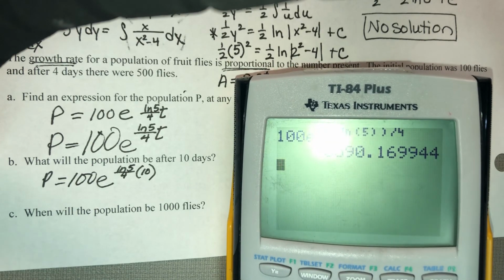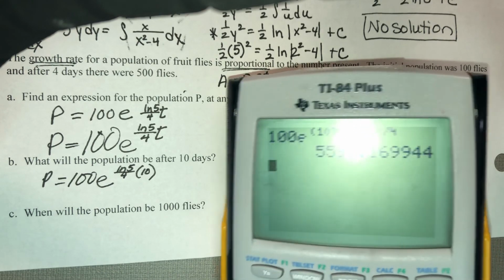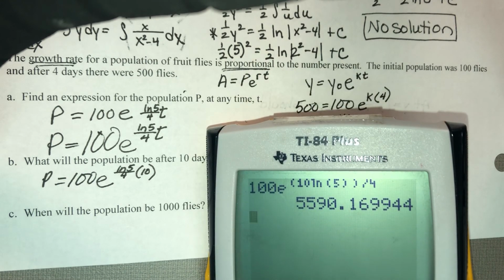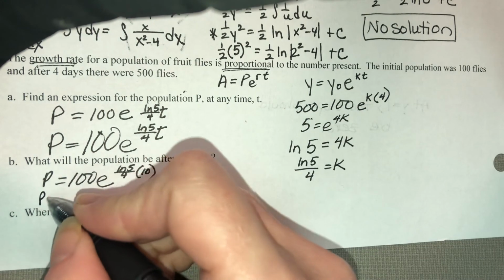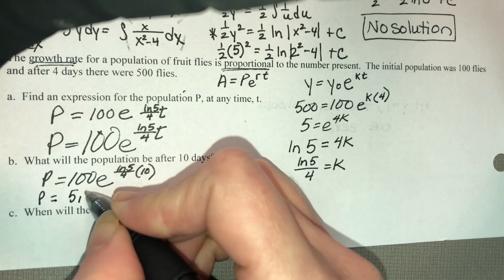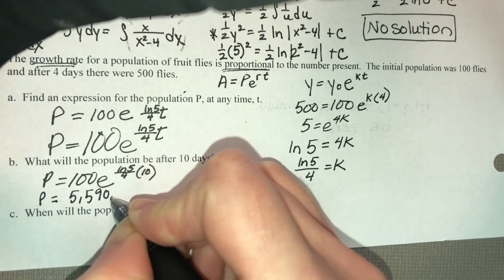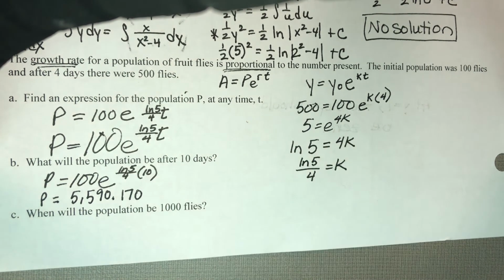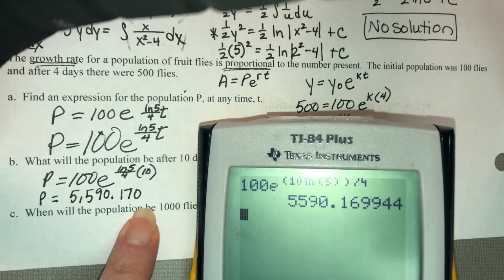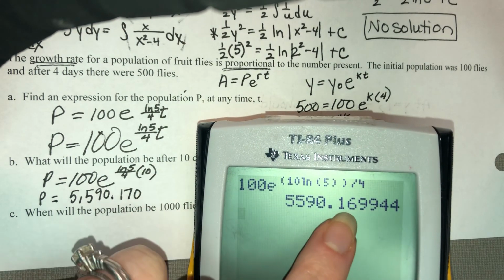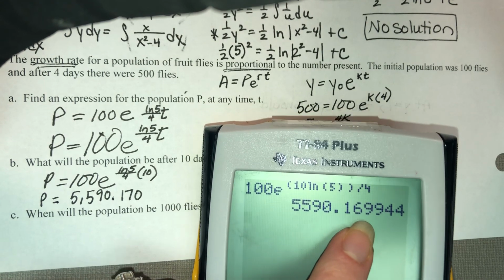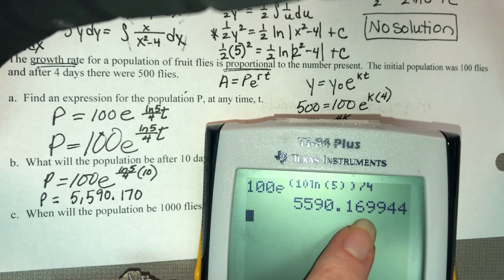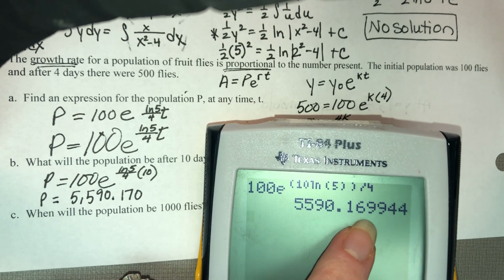So that looks like it'd be 5,590.170. You would round to 3 decimal places unless explicitly told to do otherwise. And you do have to have that 0 there. You can't just write 5,590.17, because when you round to 3 decimal places, you have to show numbers in all 3 places unless it comes out to a perfect exact answer, no rounding.